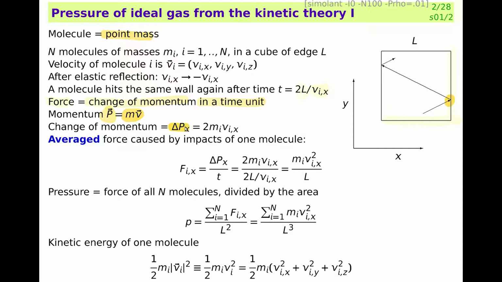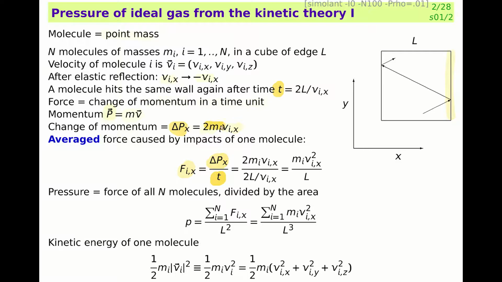It changes its momentum by, because this goes to the opposite one, twice the mass times velocity. That is twice its original momentum, and here it's in the x direction. The average force caused by impacts of one molecule on one wall is then the change of momentum in time, that is, this change of momentum divided by that time.